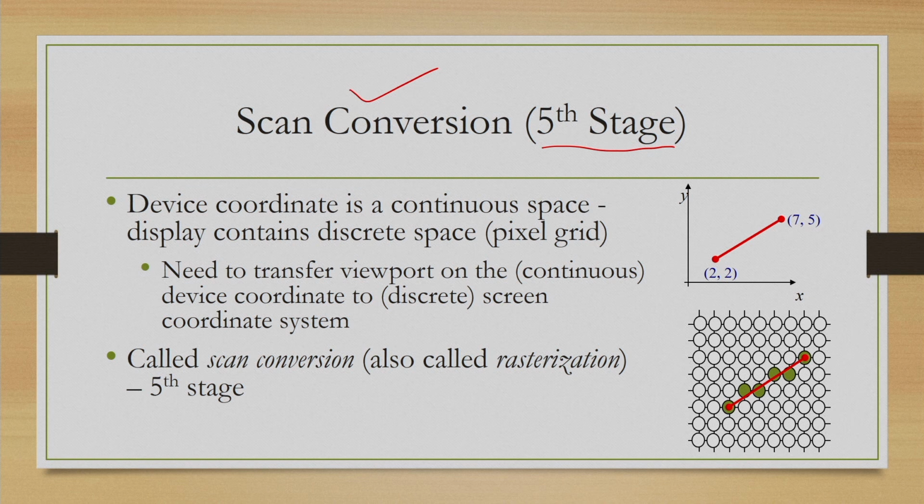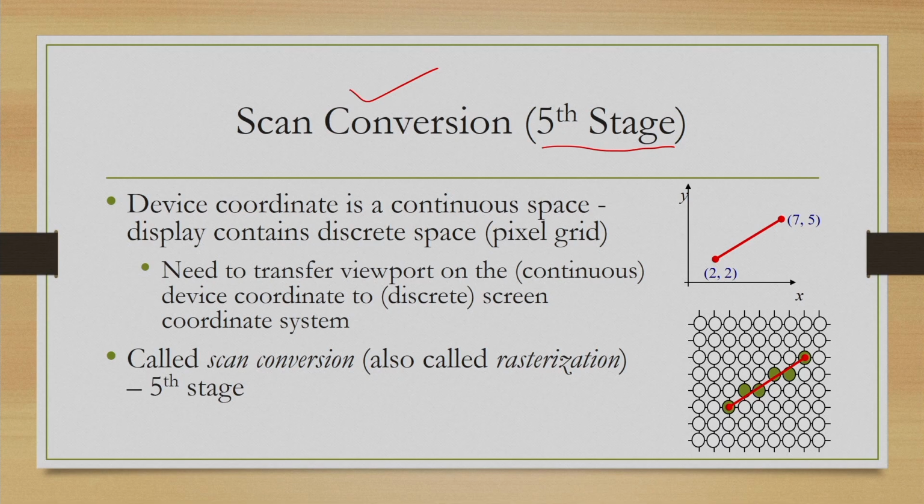For example, if in our image we have a vertex at location 1.5 and 2.5, on the screen we cannot have such a location, because on the screen we only have integer values as coordinates due to the discrete nature of the grid.